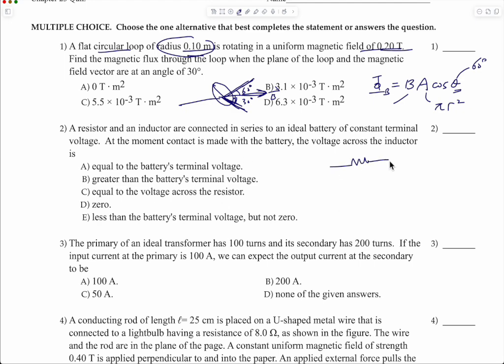All right, second one: a resistor and inductor connected in series to an ideal battery. At the moment the contact is made with the battery, what is the voltage across the inductor?